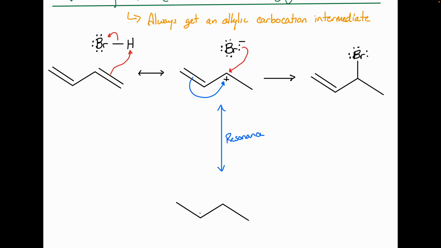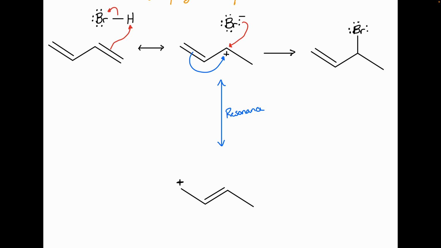All right, so because of that allylic position and that resonance stabilization, my carbocation is kind of bouncing between those two carbons, which means that my bromide ion can not only attack that original position, but it can also attack my new resonance position. And this would lead me to a different product.